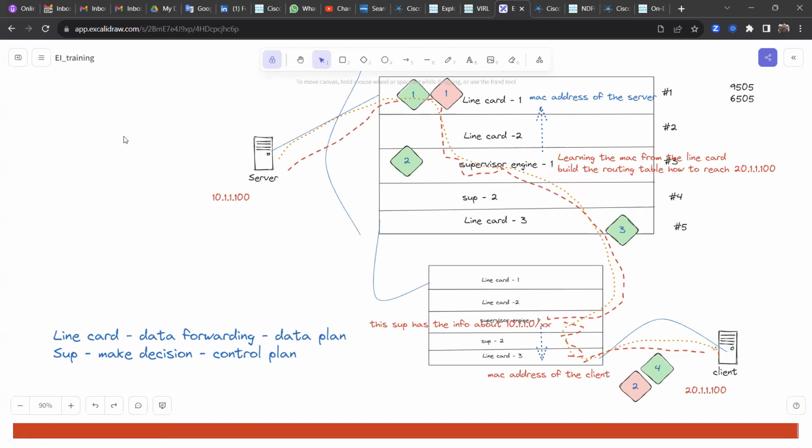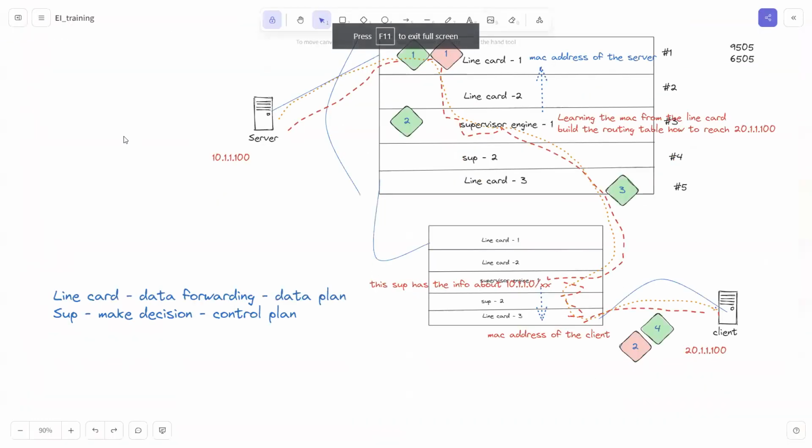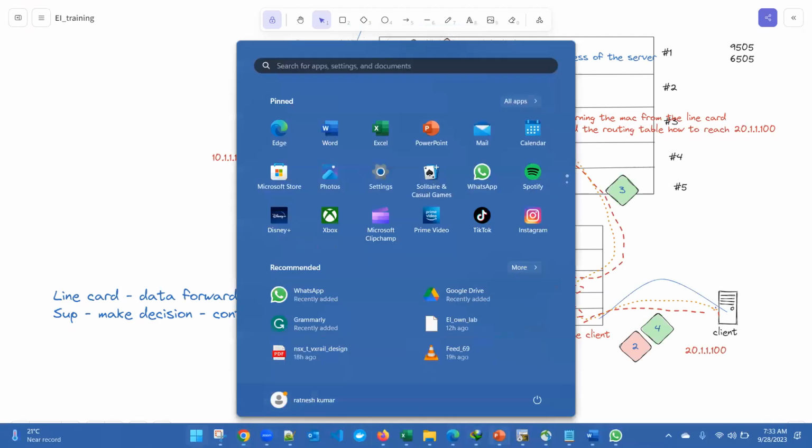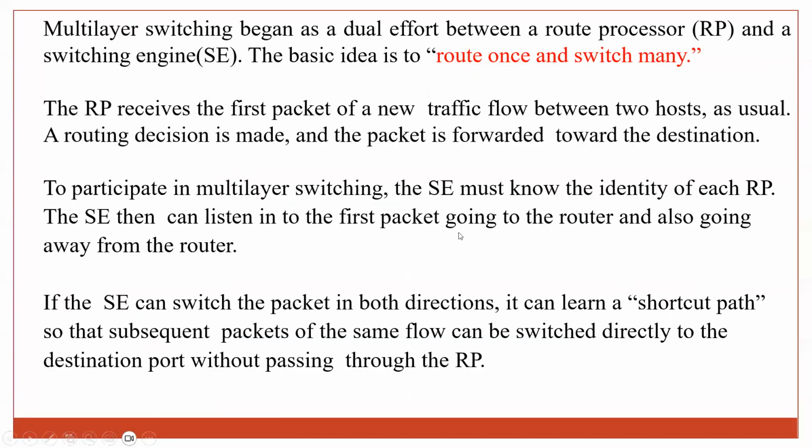In this diagram, you'll see that your supervisor engine will take the decision once, and the rest everything will be handled by the line card. That's why it is called route once and switch many.